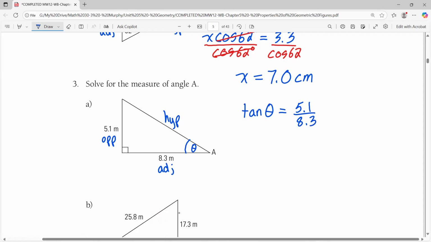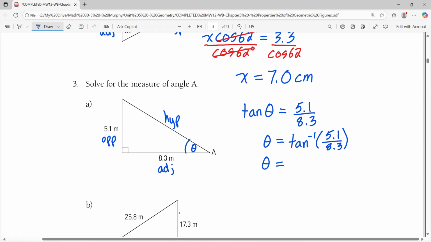To solve for the angle, you're going to go second function tan, and this should pop up. And then in the brackets, you're going to go 5.1 divided by 8.3 and close off the brackets. Hit enter, and you should get the proper degree.